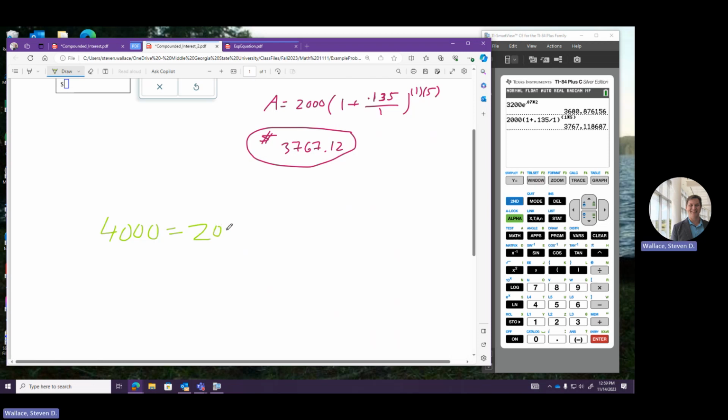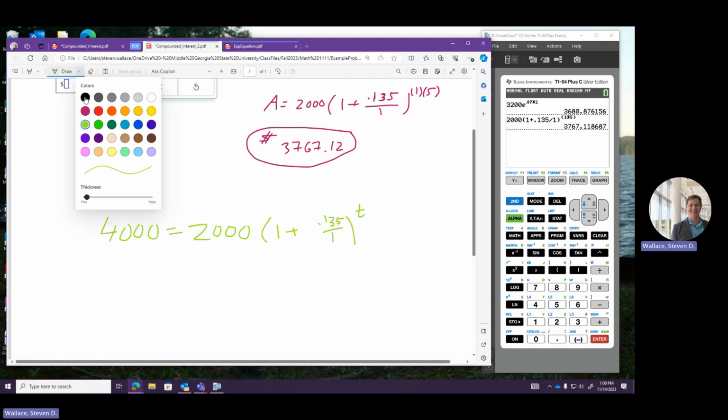In other words, that would be how long it would take for my investment to double at this interest rate, right? Compounded annually. Well, now the unknown number is t, right? So we have to solve for t.